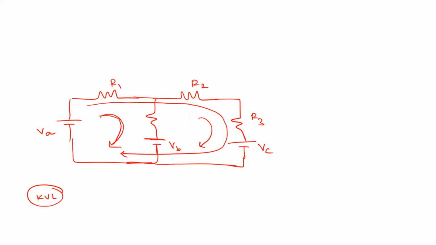Loop 1 and loop 2 are completely overlapped, so that is known as loop. Non-overlapped means these two, so this is also known as mesh. But this one is called only loop, not mesh. Clear?